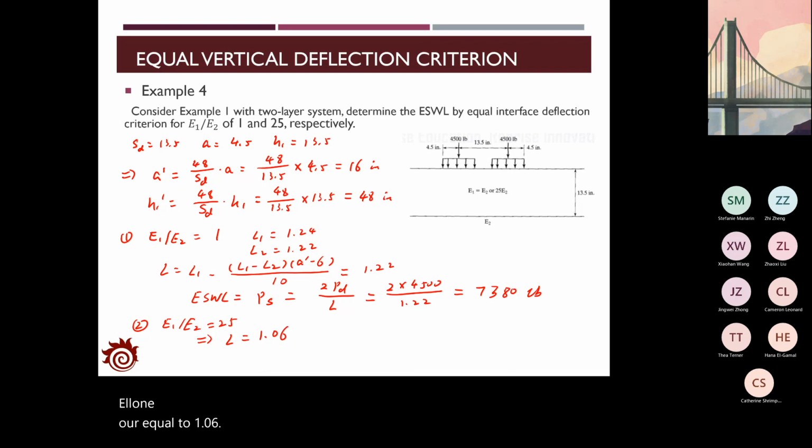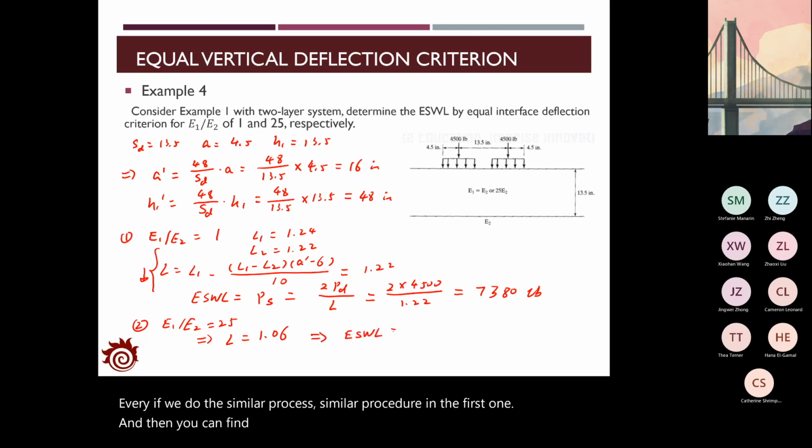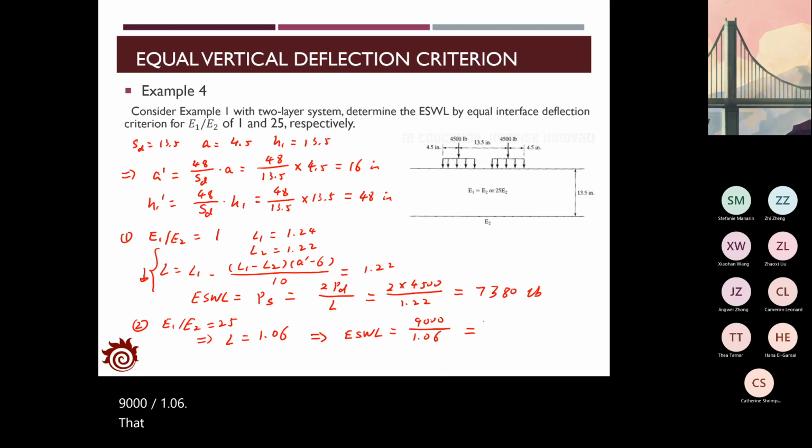And then you can find out the ESWL as 9,000 divided by 1.06, that is 8,490 pounds.